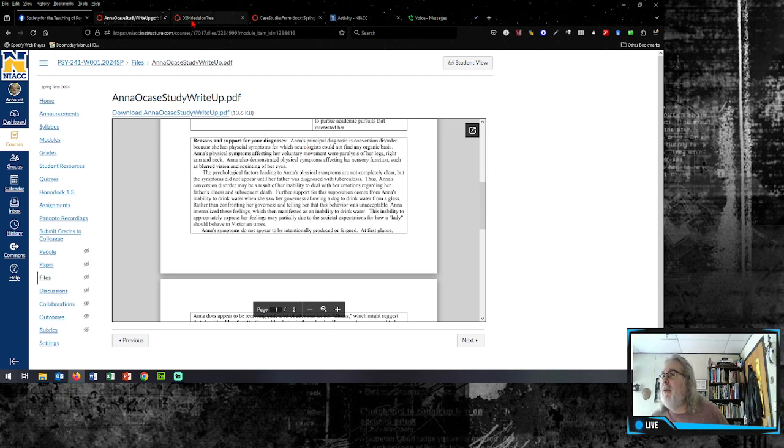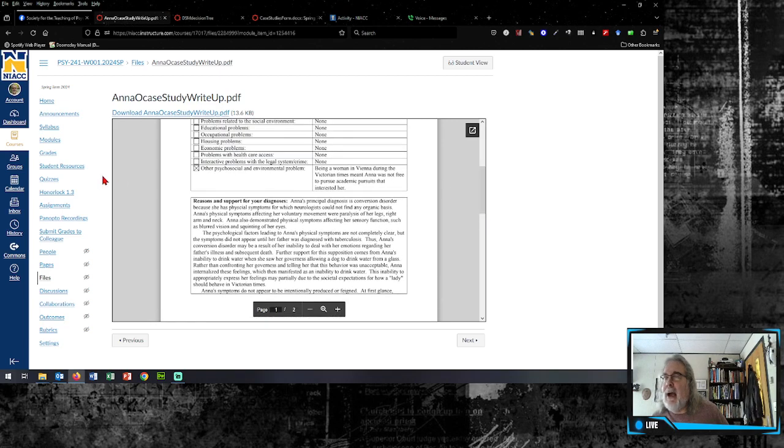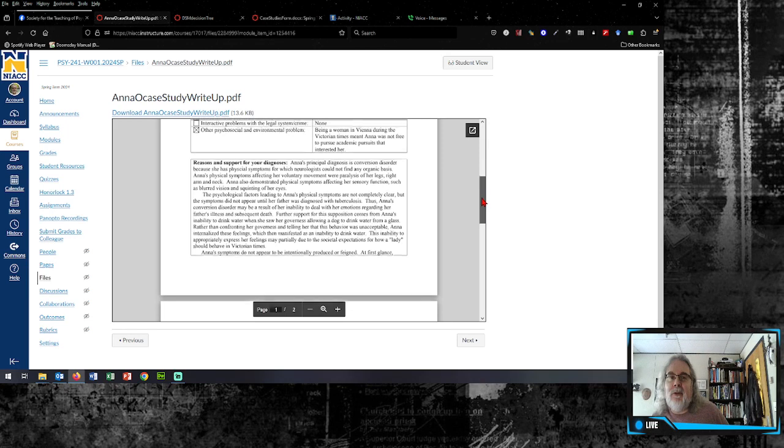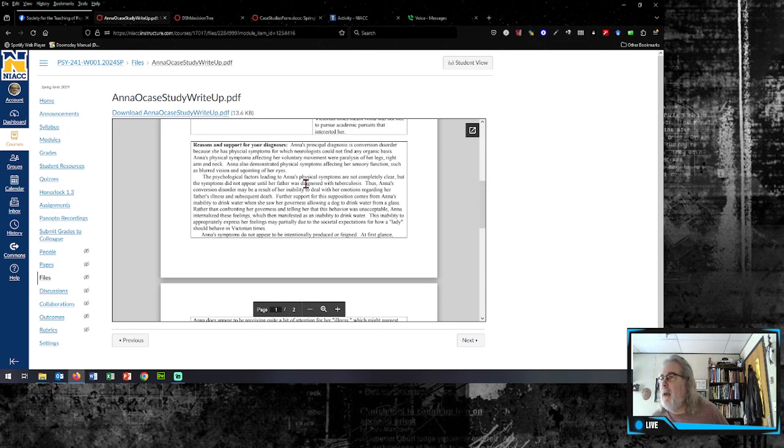And I don't have it here now, but if you look back at the original Anna O problem, I highlighted stuff in different colors, and that was what I went back and used to write my support. So that's what I'm looking for. I'm looking for you to tell me which of the symptoms that person has fit the diagnosis you made.